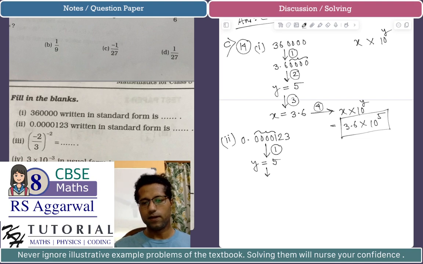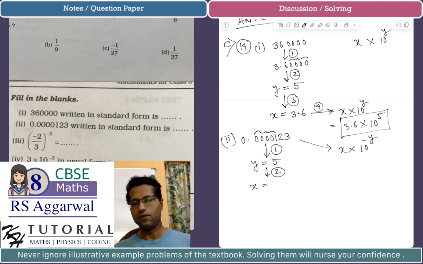Now after step 2, we need to find x. For expressing a very small number in standard form, the format is x into 10 to the power minus y. So we have to find x and y. We have already found y. Y is 5.